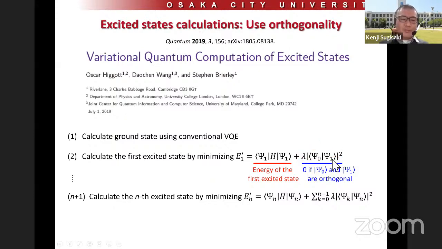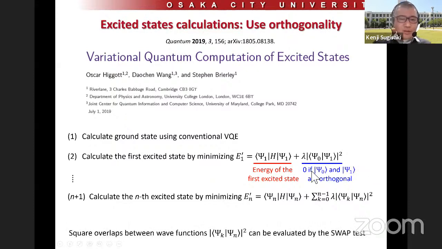By using this approach, we can calculate the nth excited state by minimizing this equation. In order to perform this on the circuit, we have to evaluate the squared overlap between the wave functions psi k and psi n. But this term can be evaluated by using, for example, the swap test.